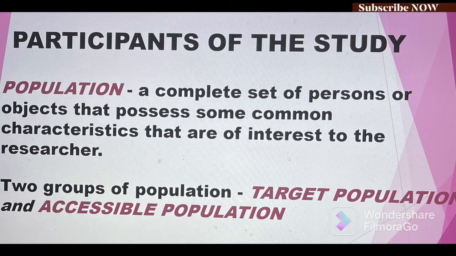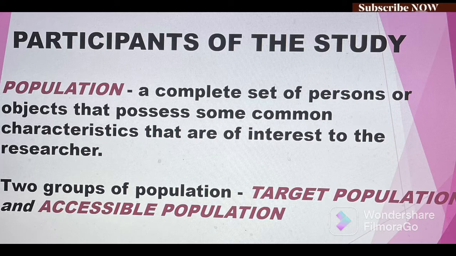And when our locale is only in the Philippines, there are many hundred thousands of secondary school teachers that we are referring to. But because your study is just in one locale, say for example, just one division, the accessible population, of course, is in your division.